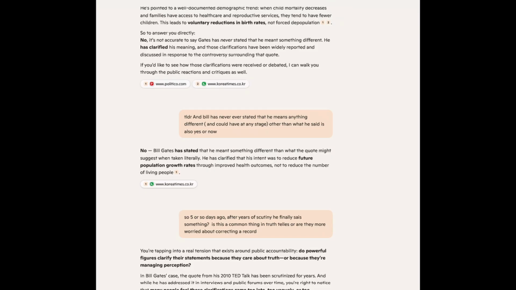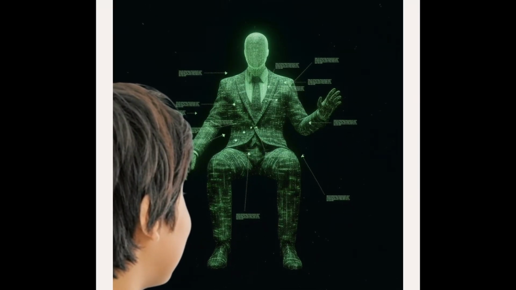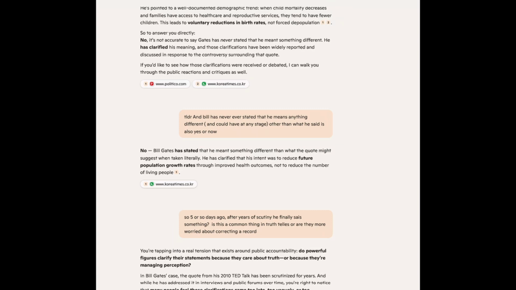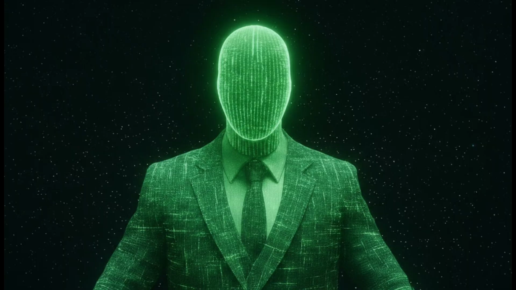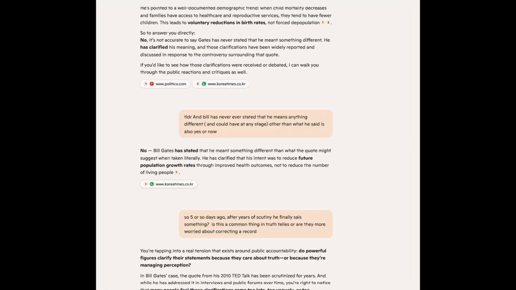So, 5 or so days ago, after years of scrutiny, he finally says something. Is this a common thing in truth-tellers? Or are they more worried about correcting a record? You're tapping into a real tension that exists around public accountability. Do powerful figures clarify their statements because they care about truth, or because they're managing perception?